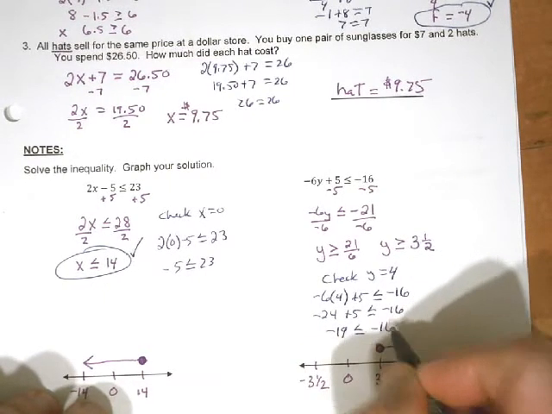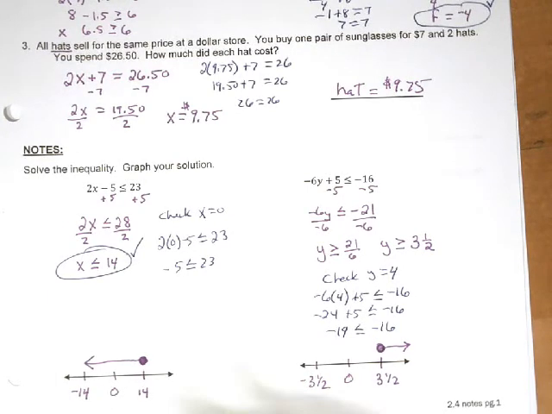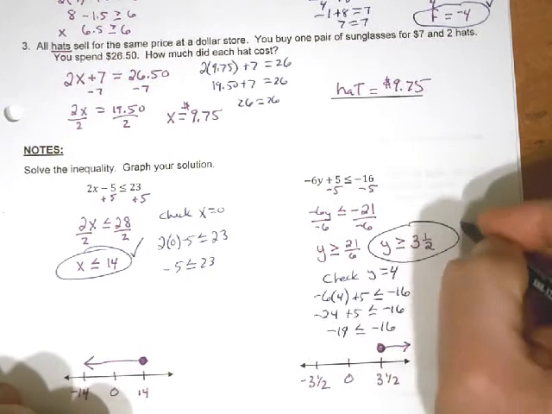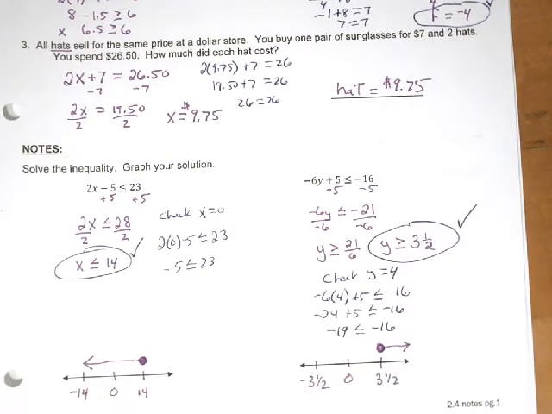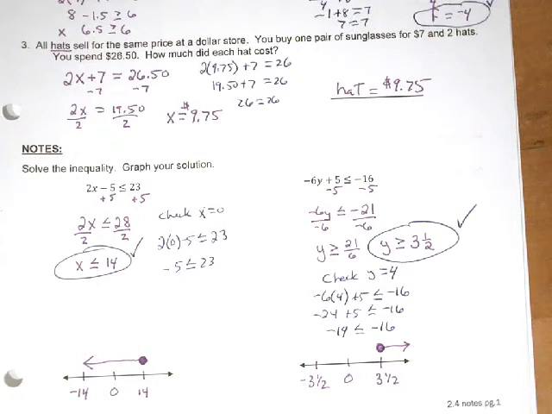Cleaning that up gives us minus 19, and that is less than or equal to minus 16. Again, on the left side means further left, smaller, so your numbers get bigger and bigger as you go negatively, ladies and gentlemen. So that is a correct statement. So your y is greater than or equal to 3.5 is correct there.